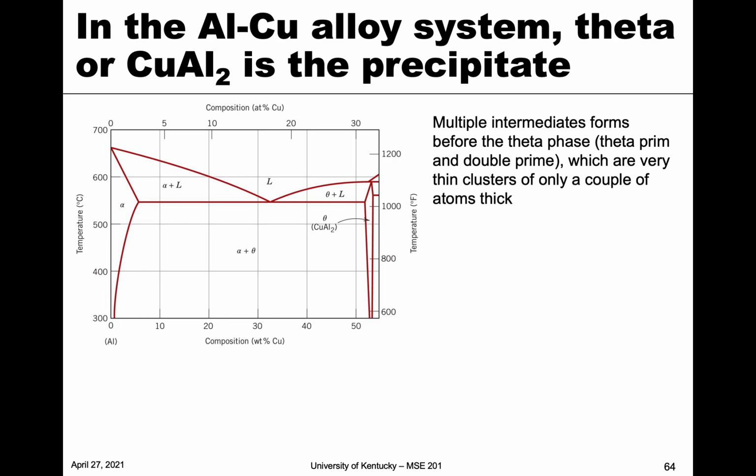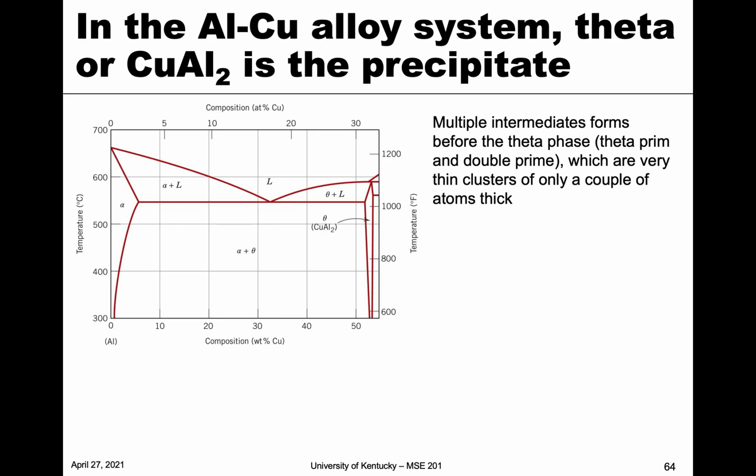All right, so we're going to talk about the aluminum copper system because this is a common one for precipitation hardening. So in this case, we have alpha, and then we have theta over here. And you'll notice that's not the complete diagram again. So this is an intermediate phase. But this is our precipitation hardening phase, theta.